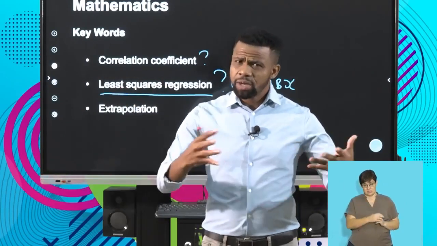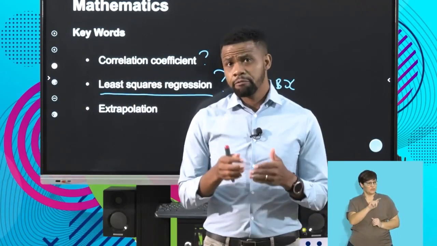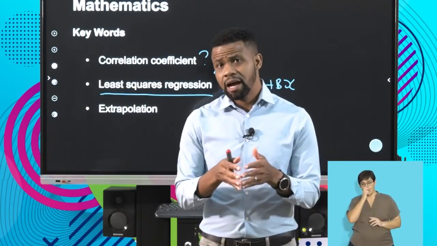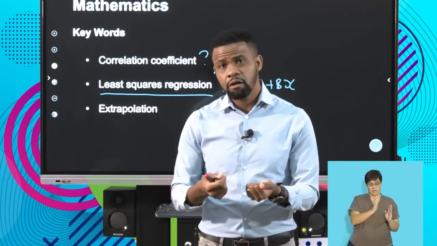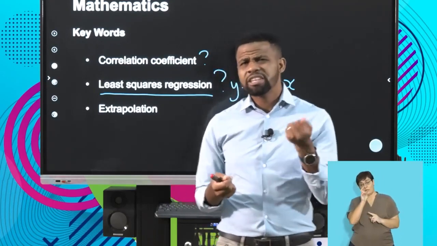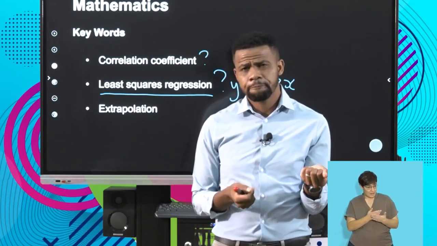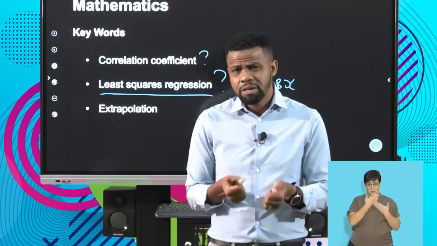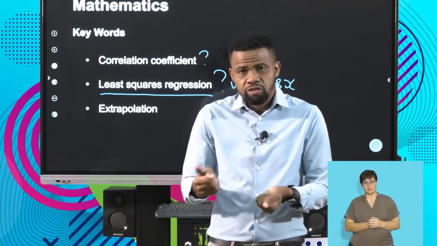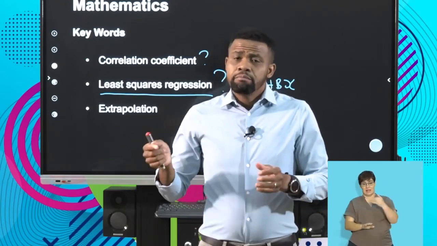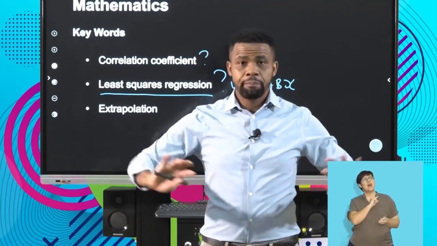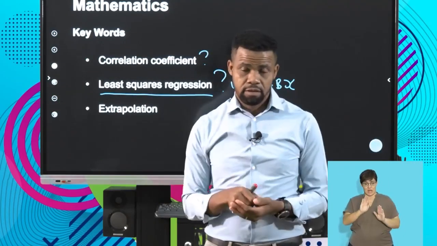And what does extrapolate really mean? If we're predicting outside the given range, the reliability of the prediction is not really that strong. That's when we extrapolate. It's too dangerous to predict outside the range, because we don't know the behavior of the pattern after the range.